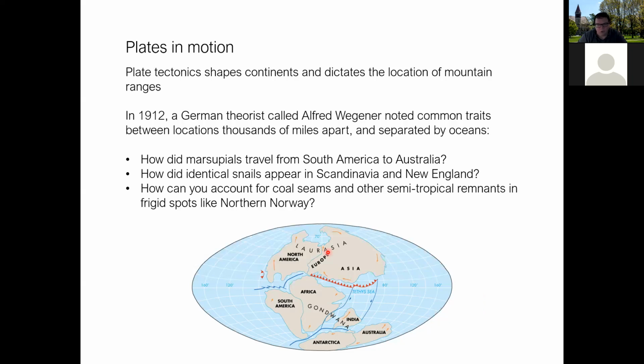And why did the coal seams both correspond to locations in North and South America and Africa, and why were they in areas in the high northern part of the world, like northern Norway, where it's largely too cold for tropical remnants to be present?